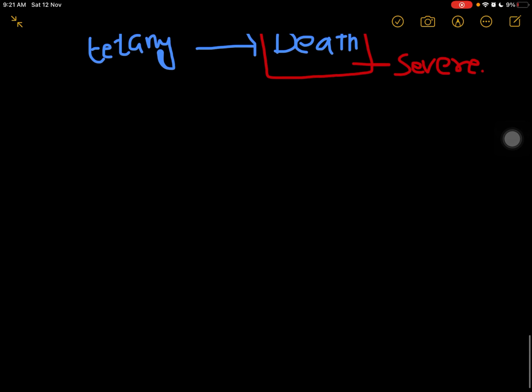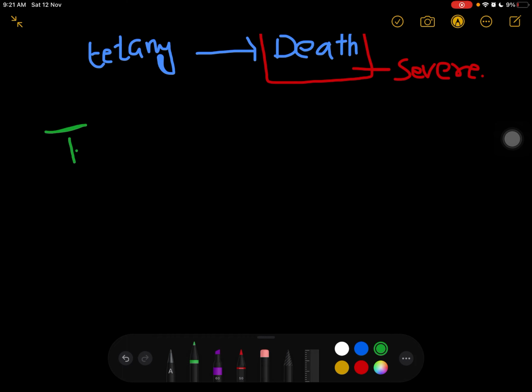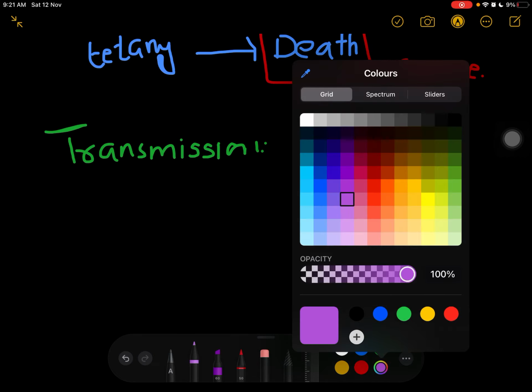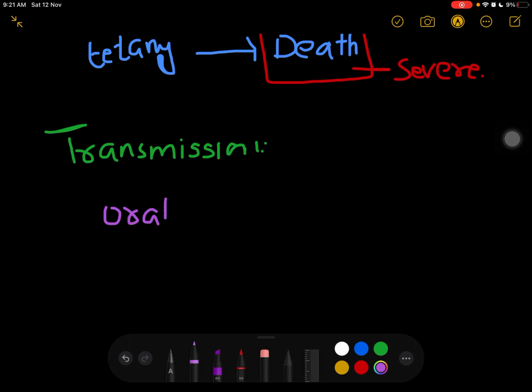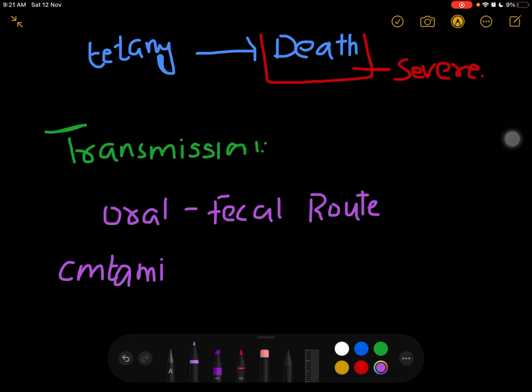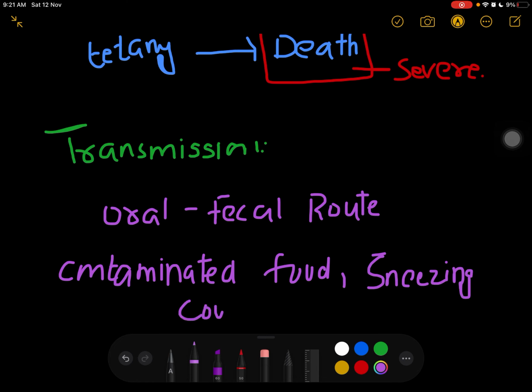Then what's the mode of transmission, how is it transmitted, right? Basically it is transferred through the oral-fecal route, or by contaminated food, by sneezing, by coughing.